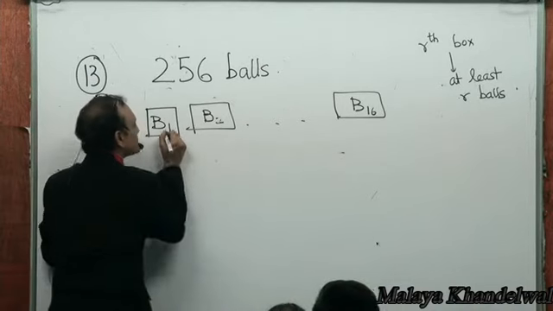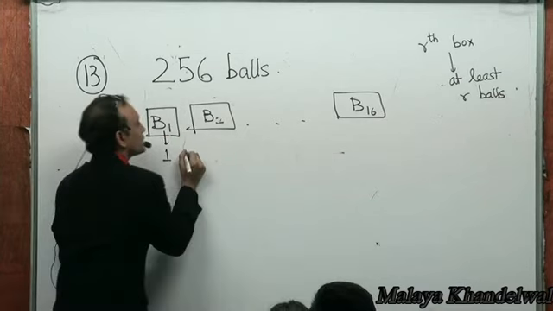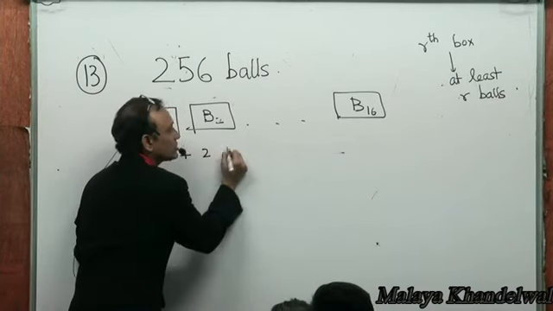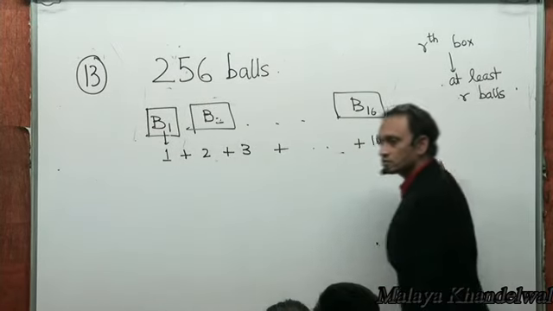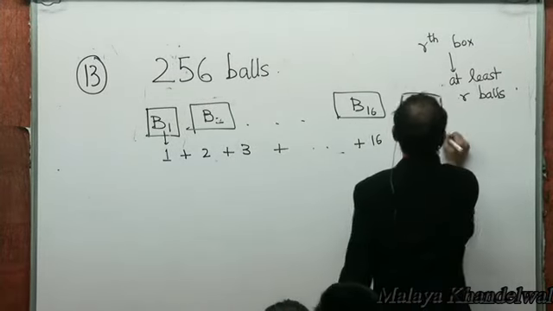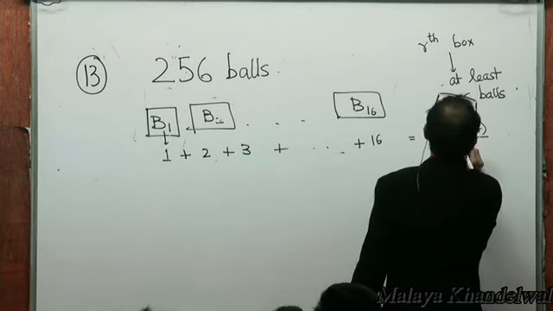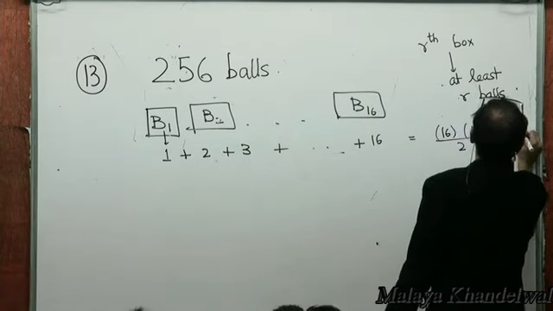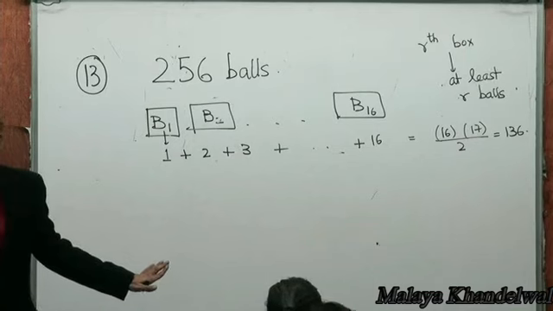So the first box must have at least one ball. Assign the minimum number of balls. Second box, 2 balls. Third box, 3 balls. 16th box, 16 balls. Right? So that makes it 16 into 17 by 2, 136, right? 136 balls have been used up.